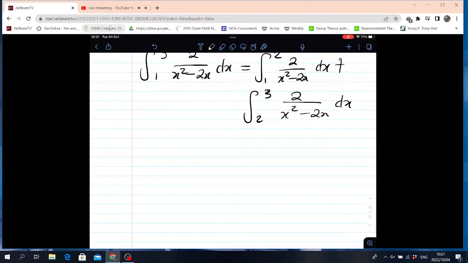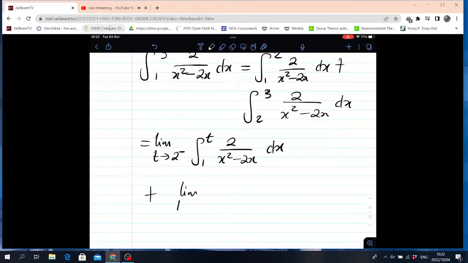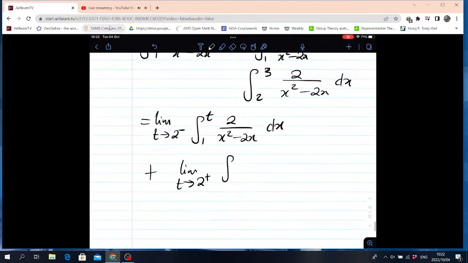And then you say this is the limit as t tends to 2 from the left of the integral from 1 to t of that dx, plus the limit as t approaches 2 from the right of the integral from t to 3 of that. And then you just use what you know already. I think from here it should be clear what happens.